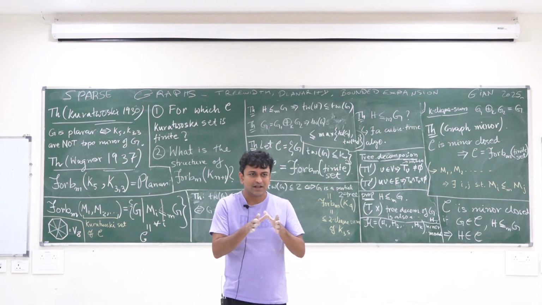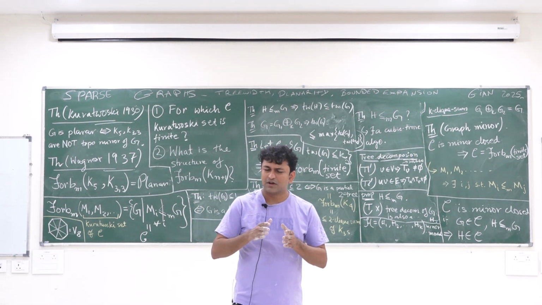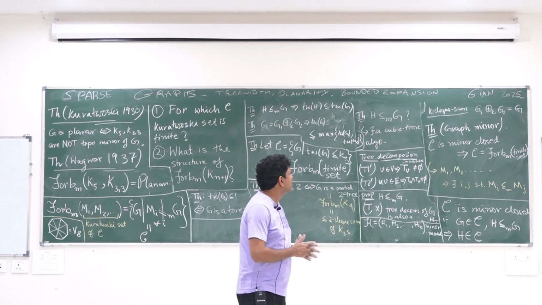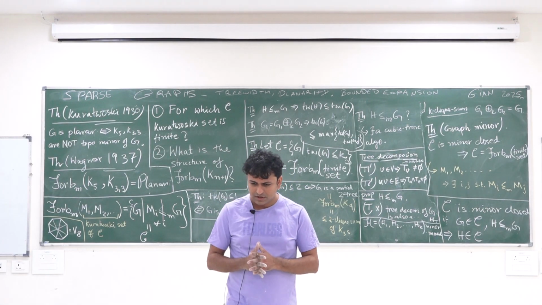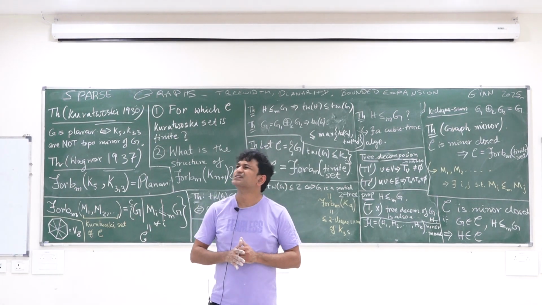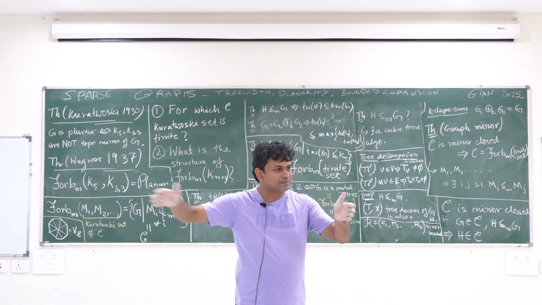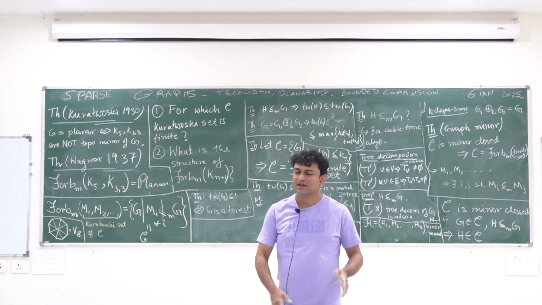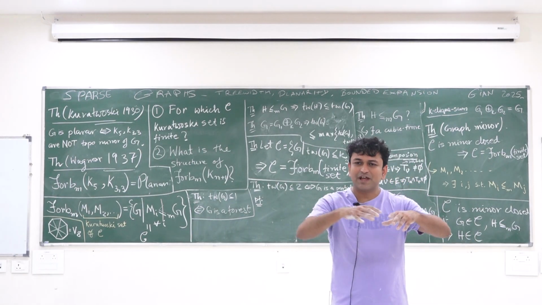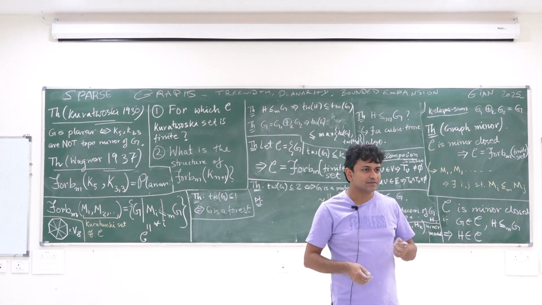You just write them, M1, M2, and so on. Suppose we have taken a set of forbidden minors where I cannot drop any.